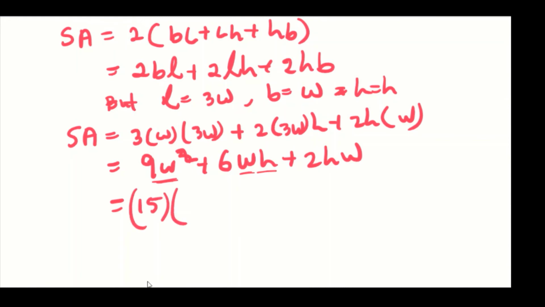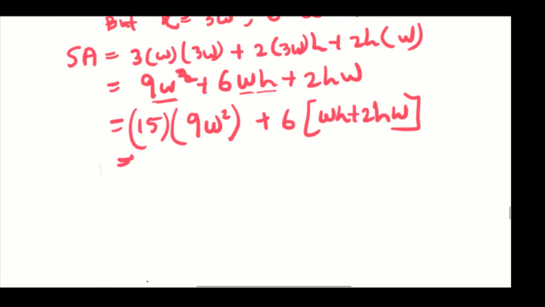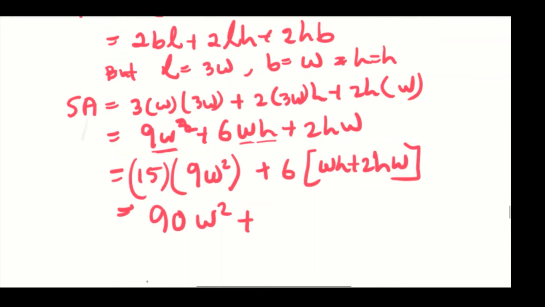So it's just going to be 15 rand for the 9W squared plus 6 rand for WH plus 2HW. And then what you're going to get is 90W squared plus, so this W, I need to correct something here.